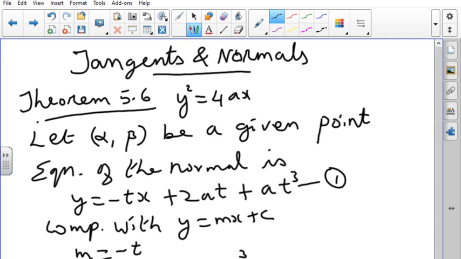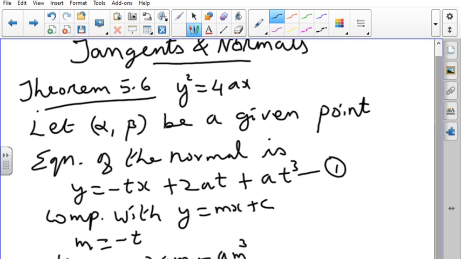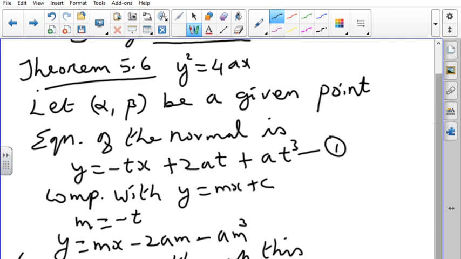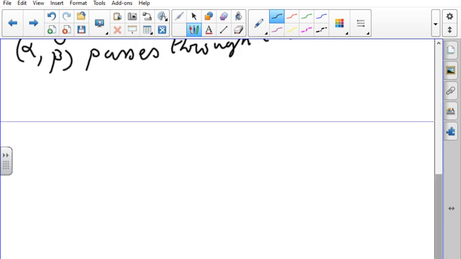Now we know that alpha comma beta passes through this. Therefore y is beta, so beta is equal to m alpha minus 2am minus am cube.